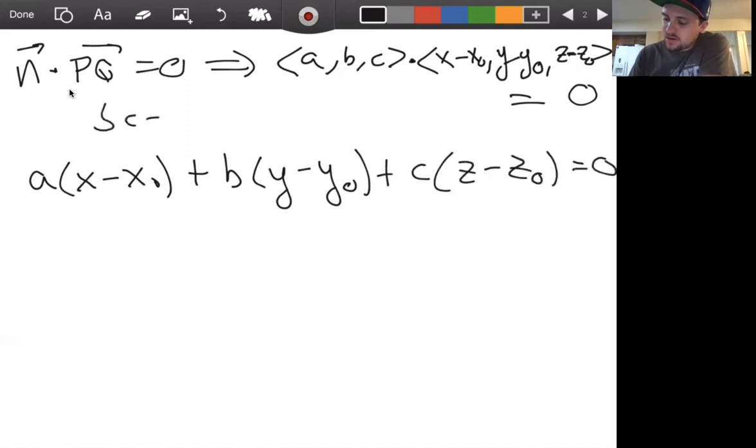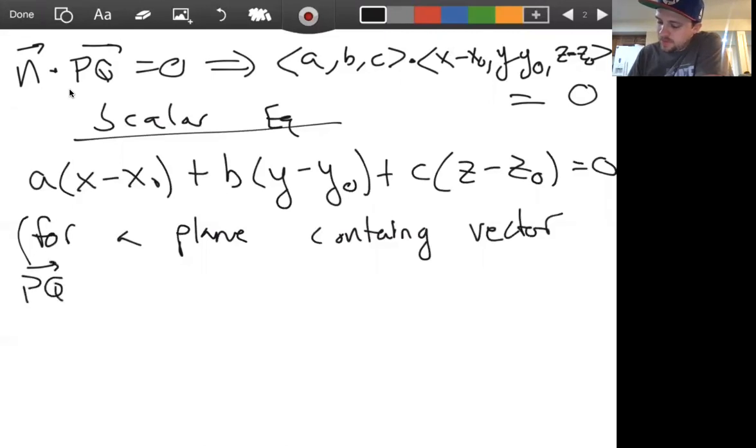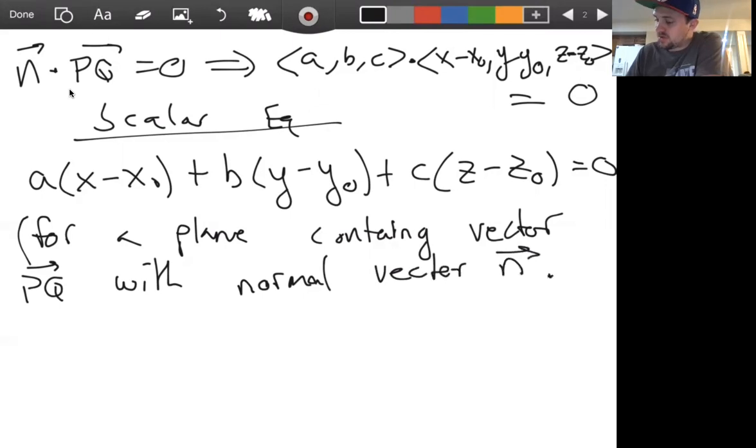And this is the scalar equation for a plane containing vector PQ with normal vector n, which was given by ABC. There's a scalar representation here.